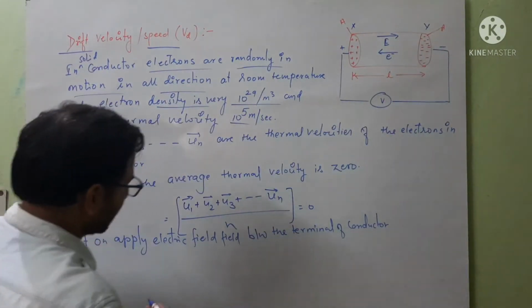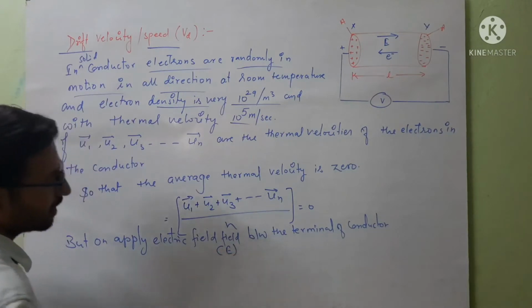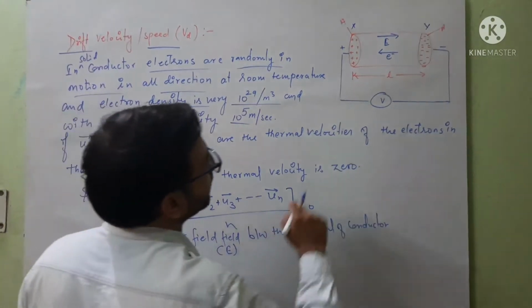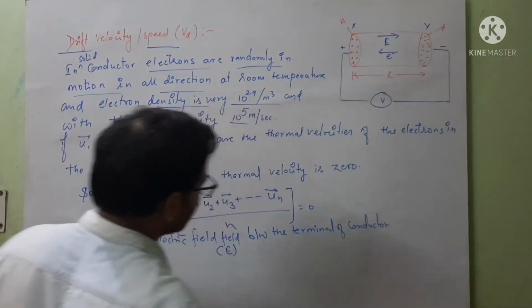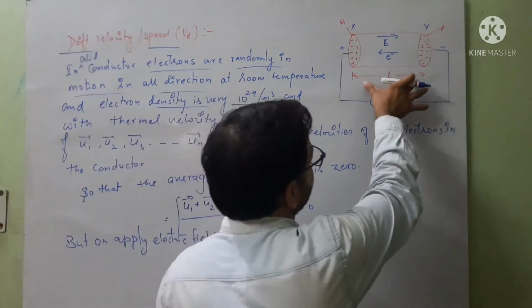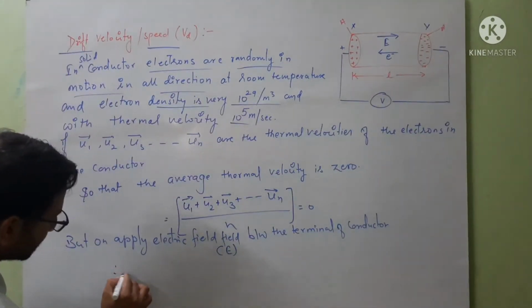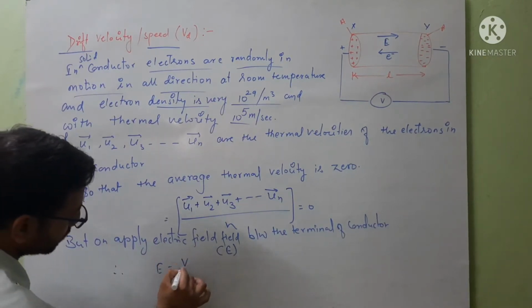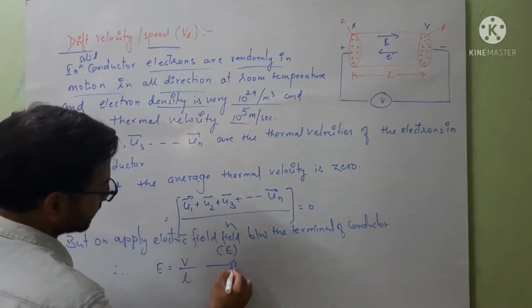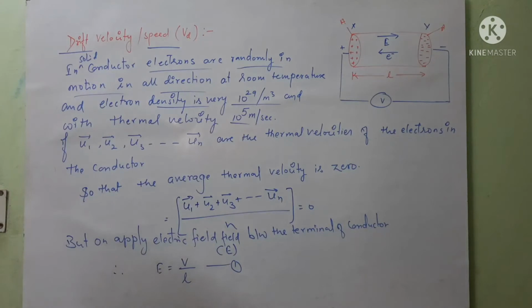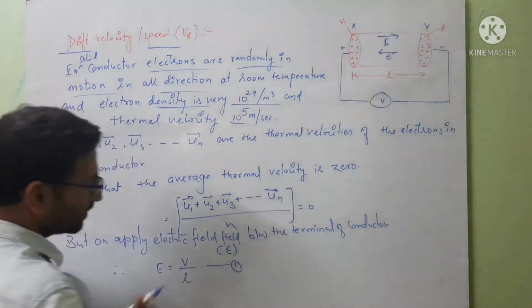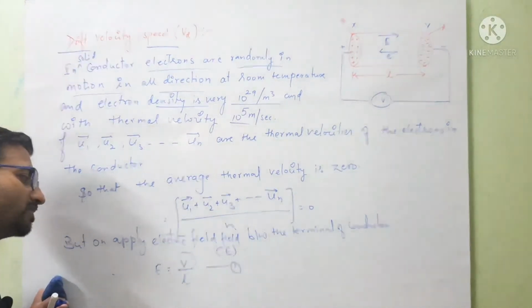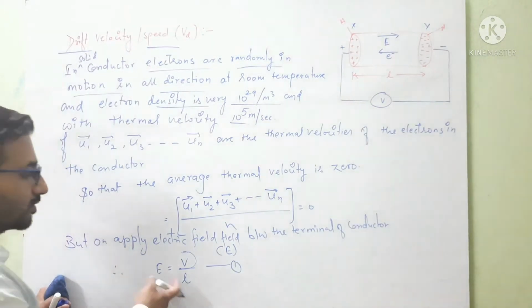So let us consider the electric field is E, and when we have applied the potential difference between their terminal, that potential difference is denoted by V, and if I suppose the length of the conductor is L, so we can say in magnitude E is equal to V upon L. Electric field is equal to V upon L. V is your electric potential difference and E is your electric field. So that's why you can write this formula like this.